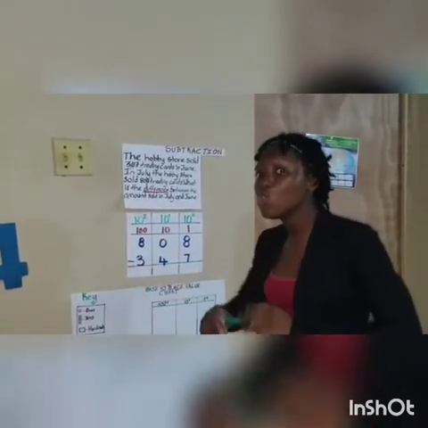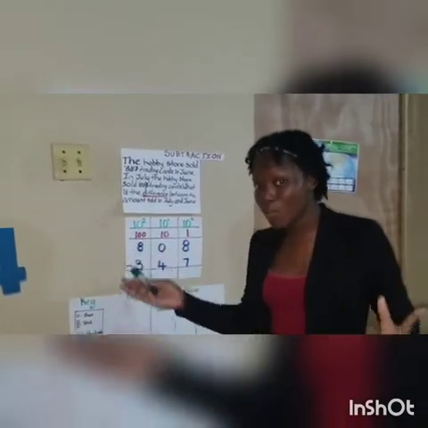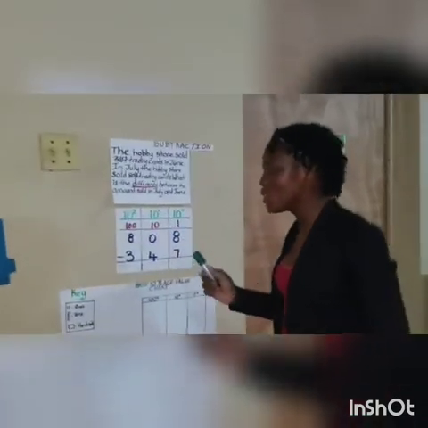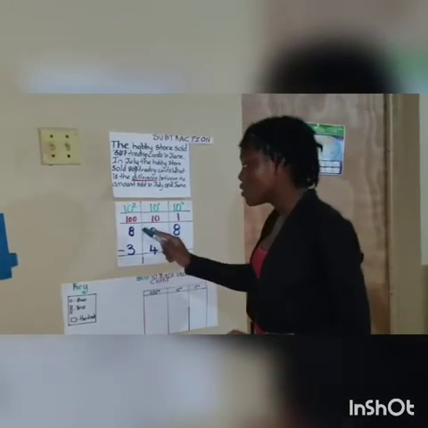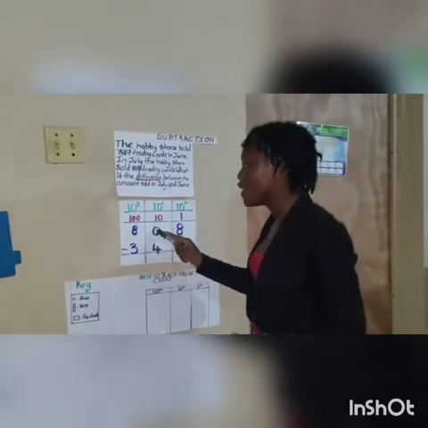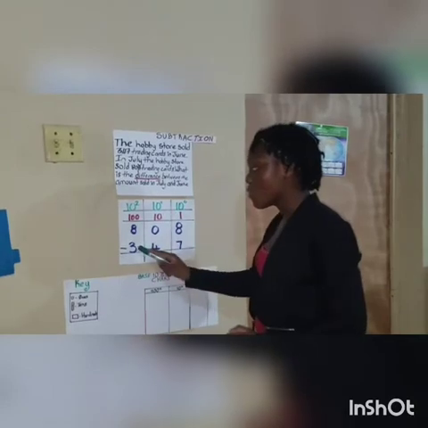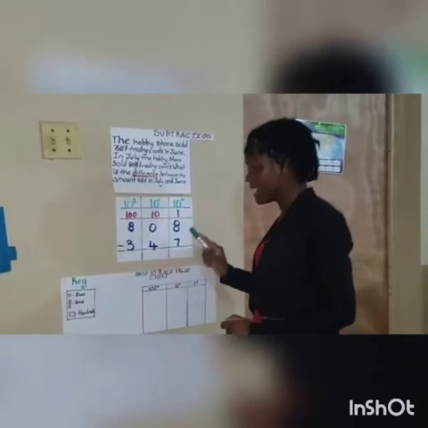That means you're losing something or you're giving something away. Let's go down to our question. Now we're going to subtract 808 from 347.